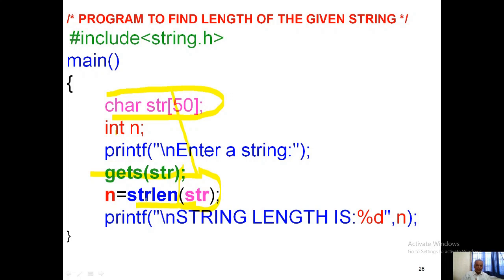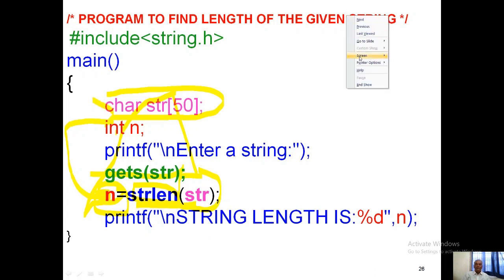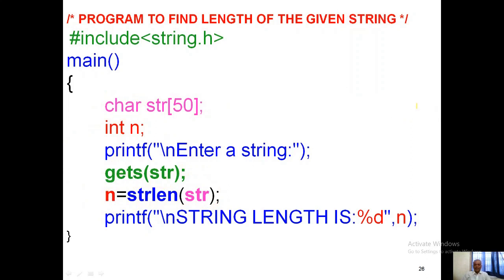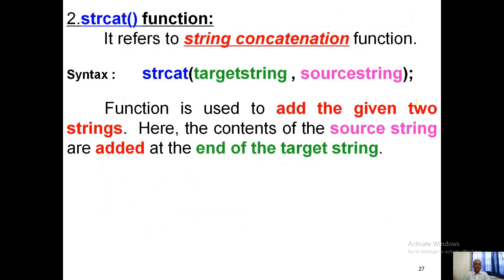So this strlen is going to find out the length of the string and it can be stored as an integer. It is going to print the length of the string only. I hope that is clear. Next, strcat, string concatenation.